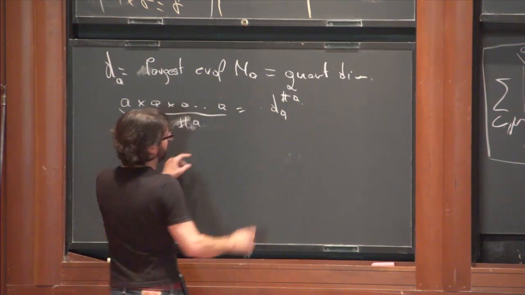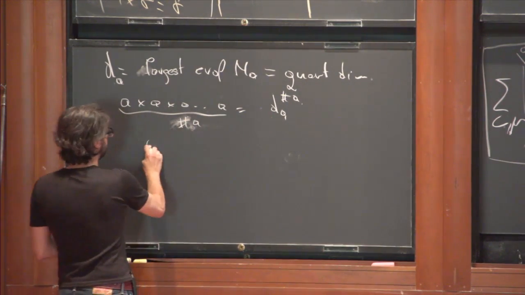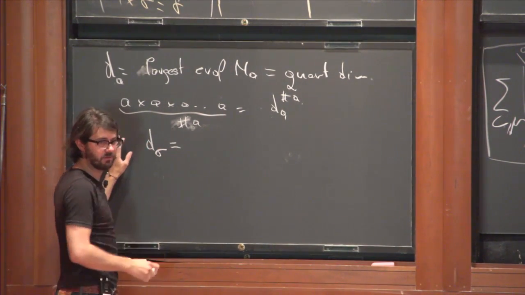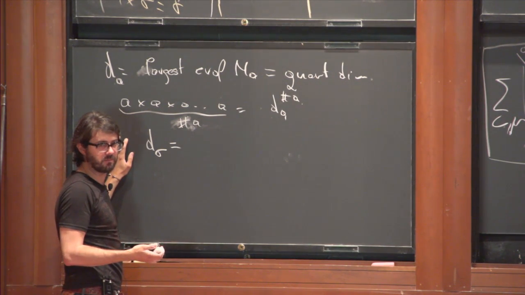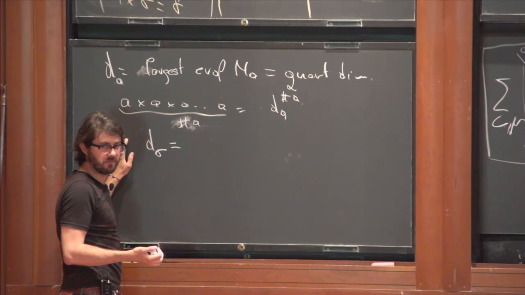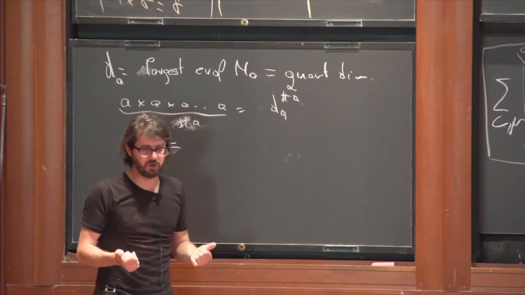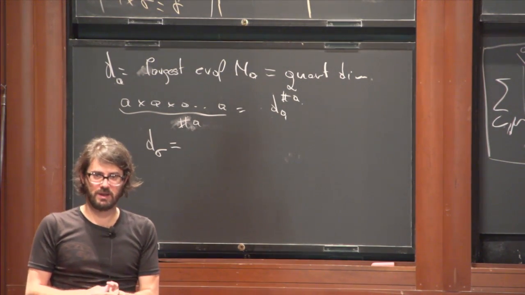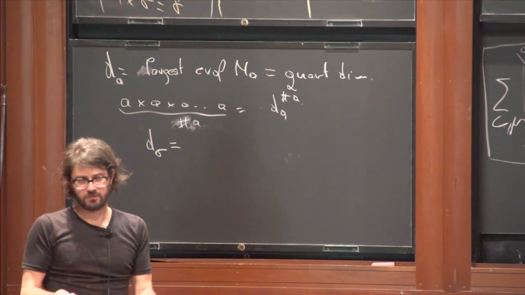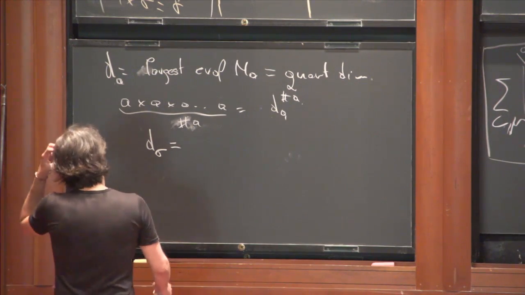Can anybody tell me what d_A is for the sigma particle, since the Majorana? So two Majoranas form a complex fermion, which can be either occupied or unoccupied. Square root of 2.